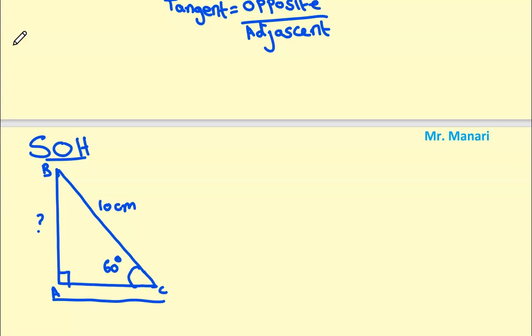This AB that we are looking for should not be confused with AC, because we are looking for the opposite side, and we have the hypotenuse given in the question.